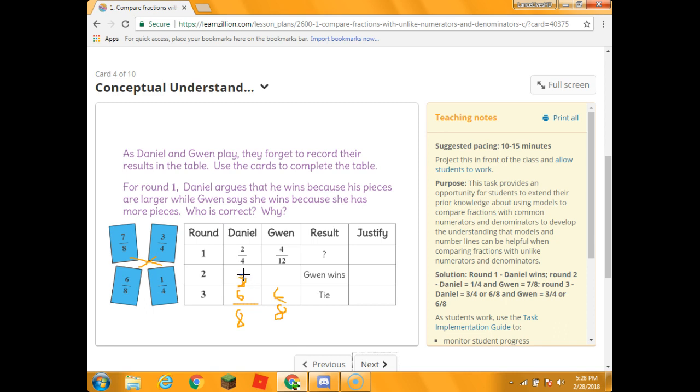So when Daniel has 1/4 and Gwen has 7/8, because it would be the same if it was 3/4 to 7/8, but it's not, because then it would be 1 away for both of them.